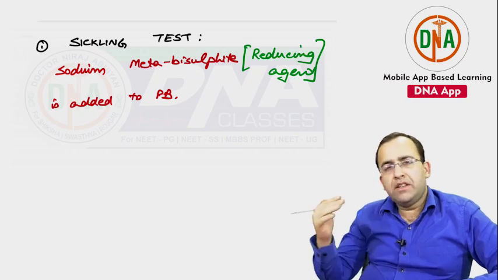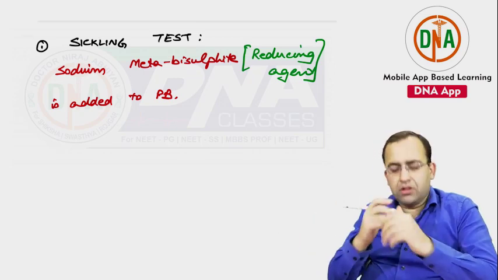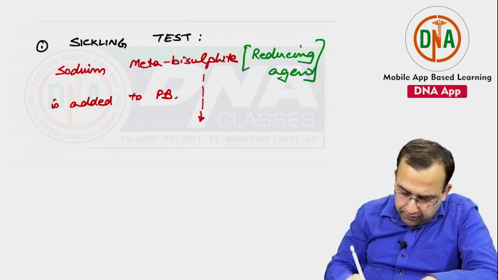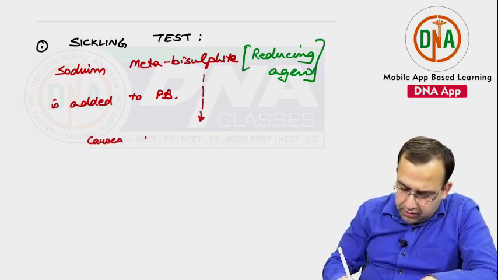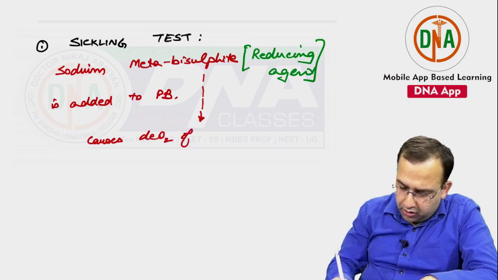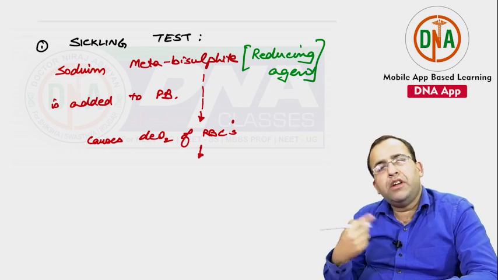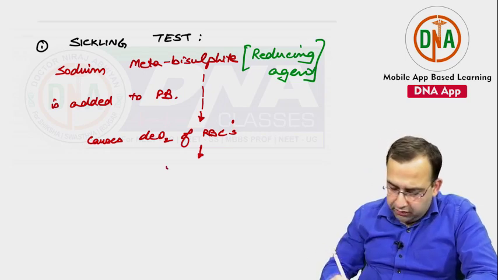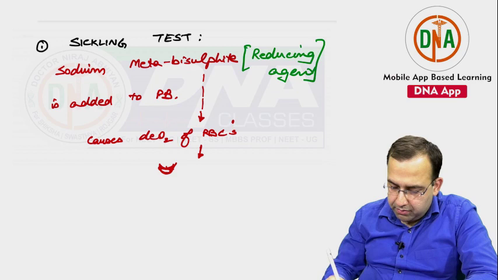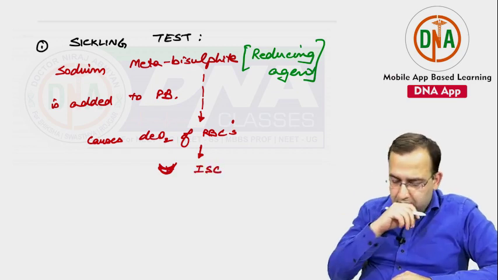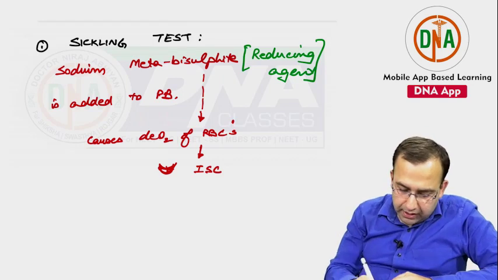This causes deoxygenation of RBCs. If the RBC has gotten deoxygenated, it will lead to the formation of irreversible sickle cells. So the first screening test is the sickling test.